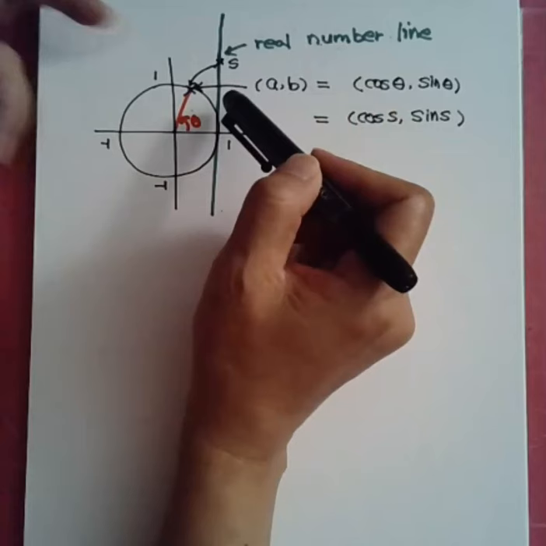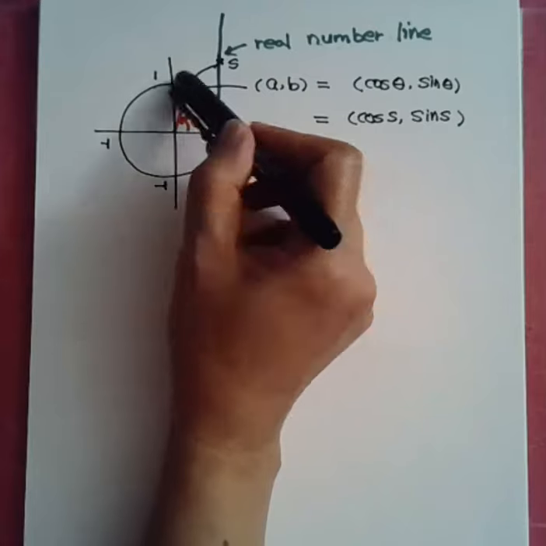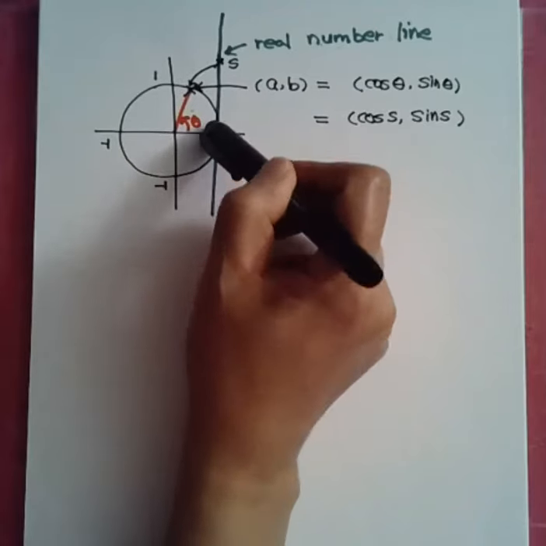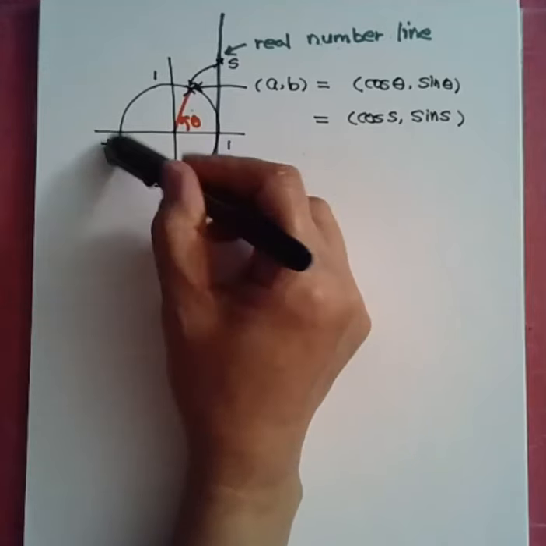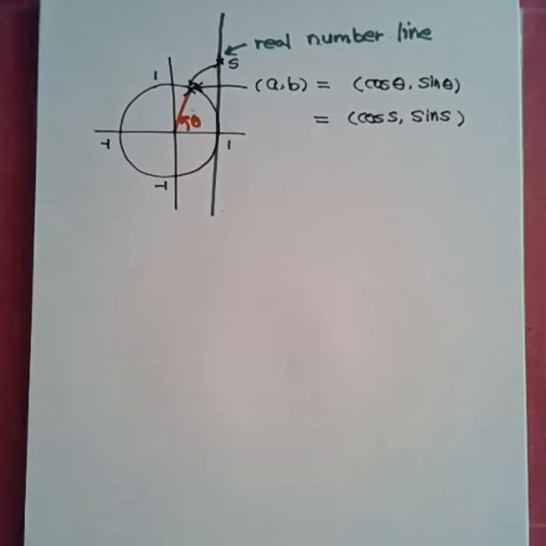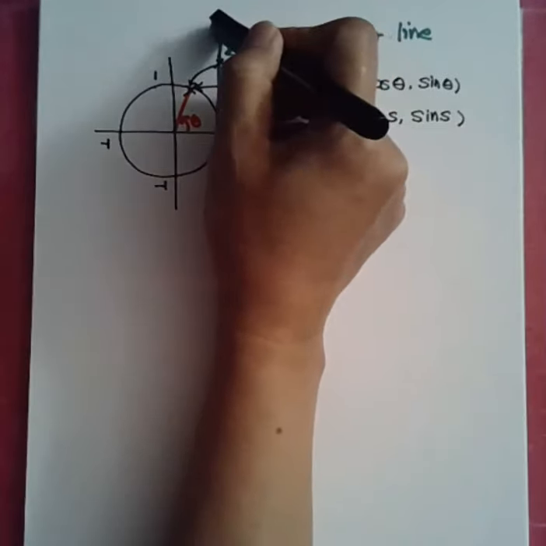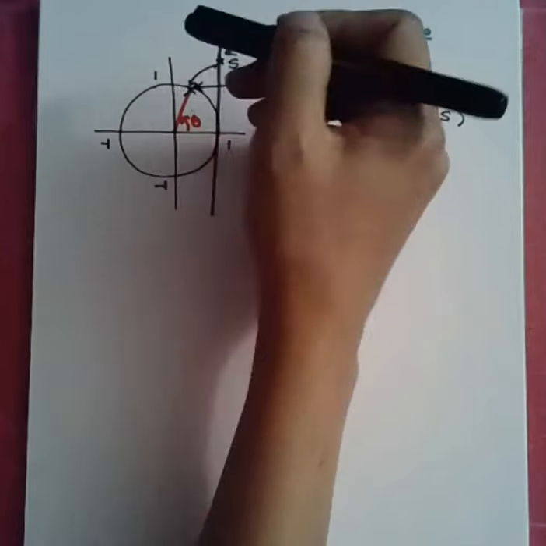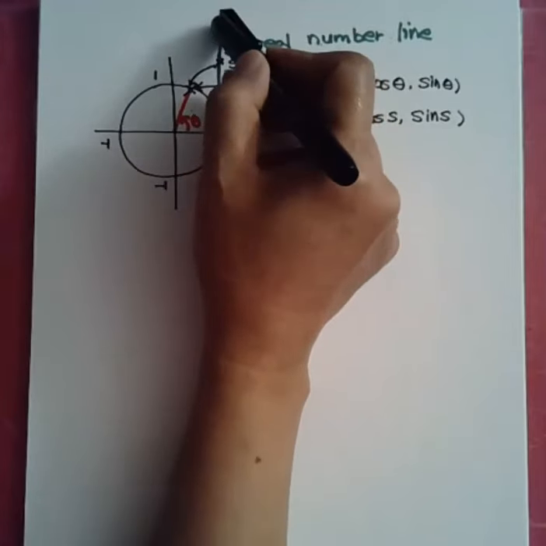When you wrap around, the positive real number line will wrap around the circle counterclockwise, and the negative real number line will wrap around the circle clockwise. Whatever the point on the real number line is, there will be exactly one point which is identified with that point.